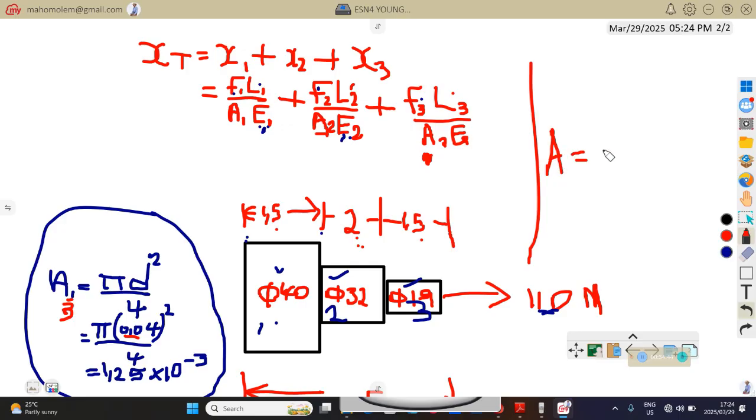I used, in the morning, width minus d, multiplied by thickness.